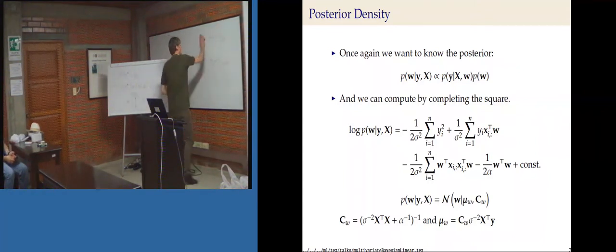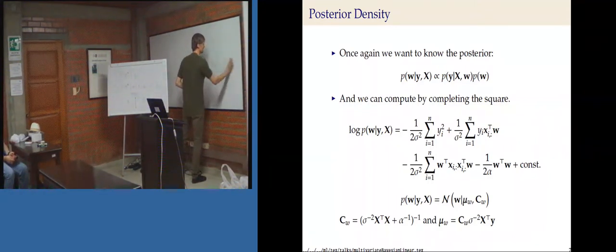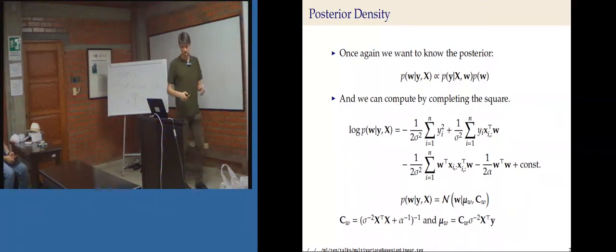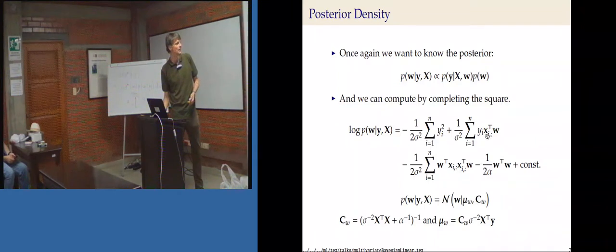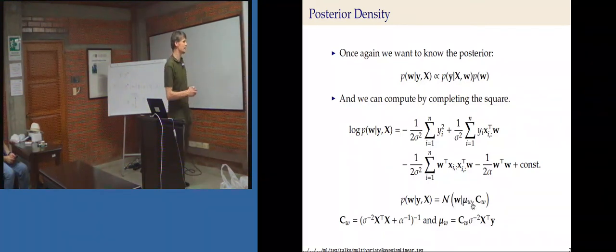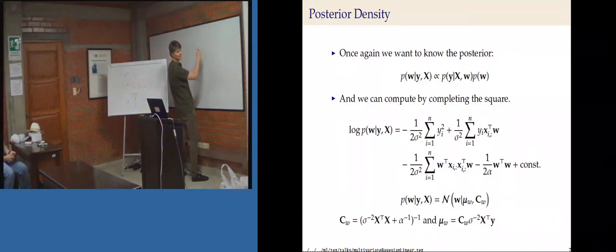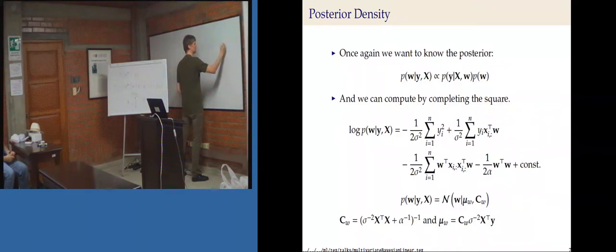So I've multiplied out the top term, and I've got three bits that involve W: the linear term in W and the two quadratic terms in W. But I want to get this density in this form, right? To get it in that form, I have to match it to minus a half (w minus mu) transpose C_w inverse (w minus mu).